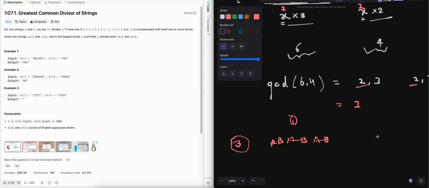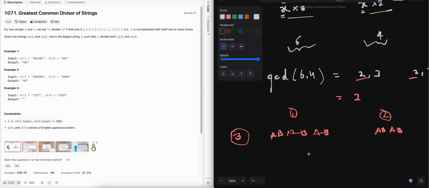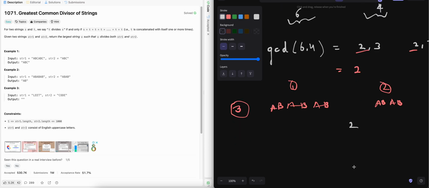And then we have been given a second string, AB and AB. Now we know that the GCD for us is 2. So from any of the two strings, if you take out from 0 to the second index, you will get our desired answer.